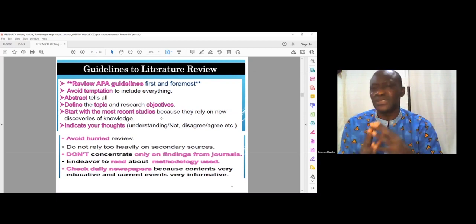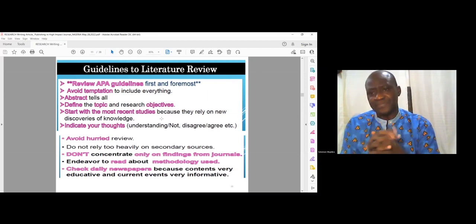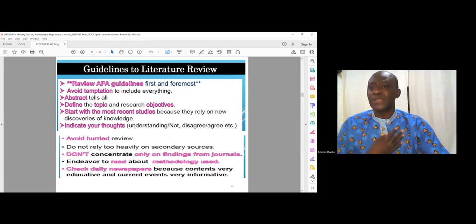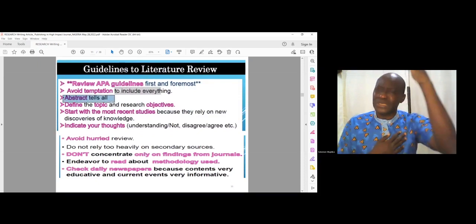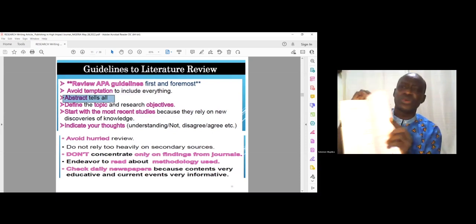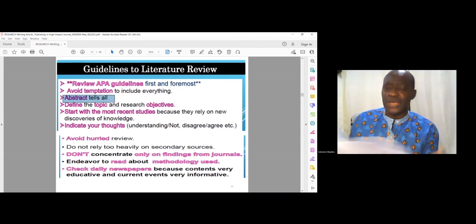Forget your supervisor sometimes. The only thing is this, monitor your supervisor to check your work. We will get to that later, maybe if we need advice. One of those things is this: before you go further into reading, let's say this is an article, before you go inside the whole article, you try to go to the abstract.